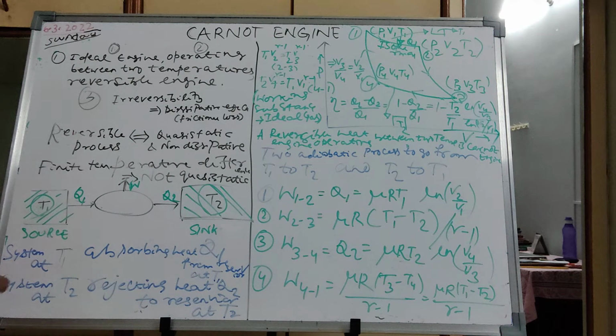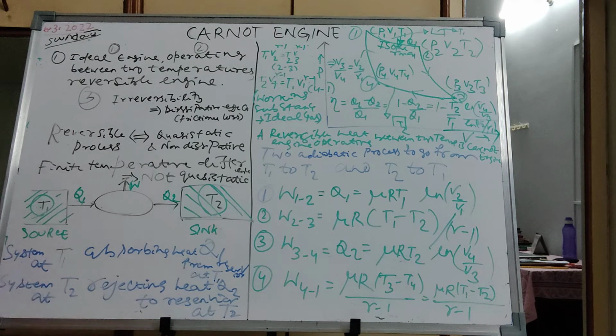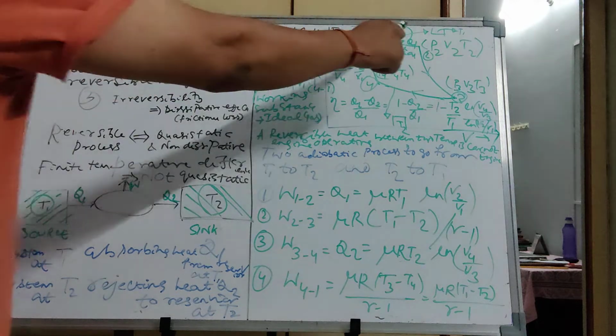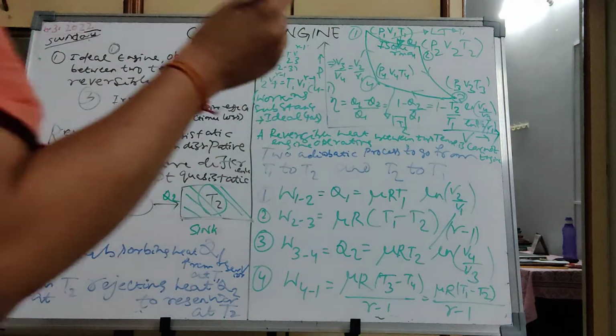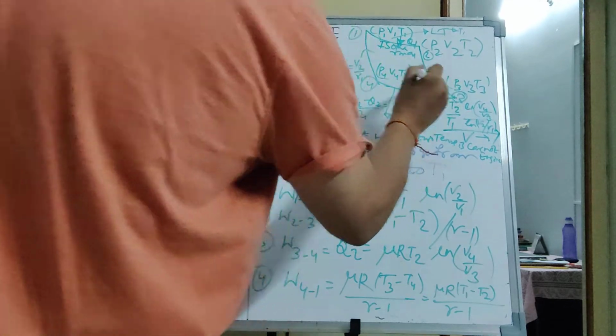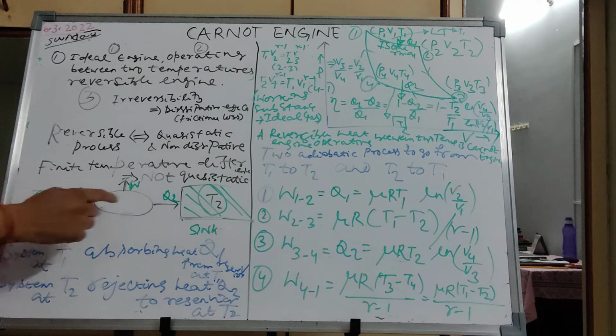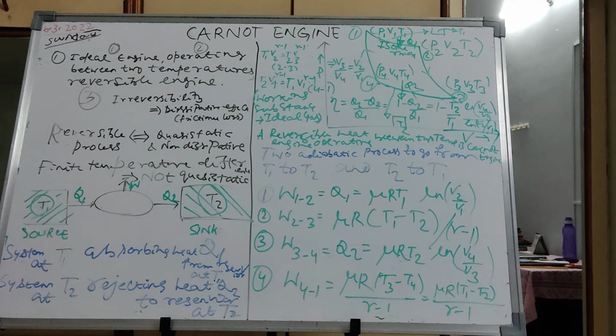Similarly, the ideal gas at T2 rejects heat Q2 to the reservoir at T2. So it takes Q1 and gives away Q2. So what is happening in these two is isothermal absorption or rejection of heat.